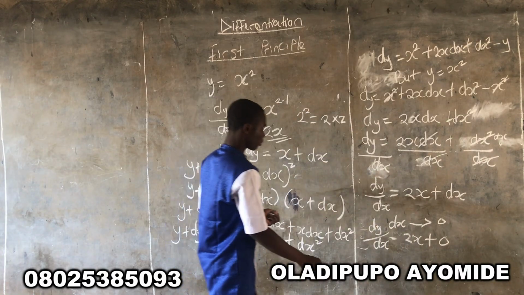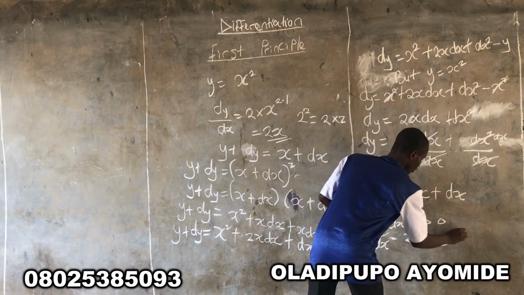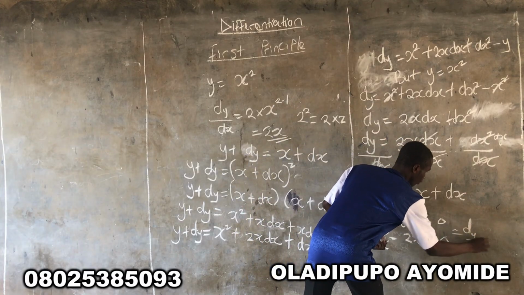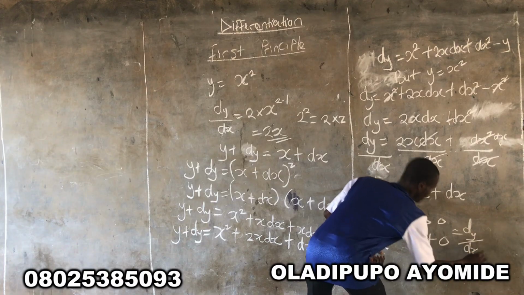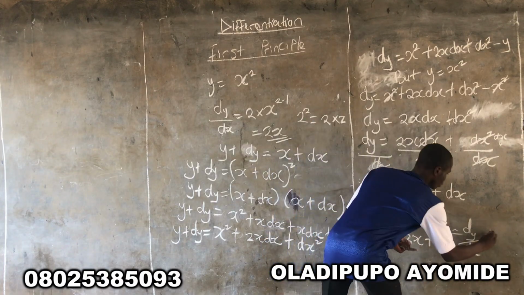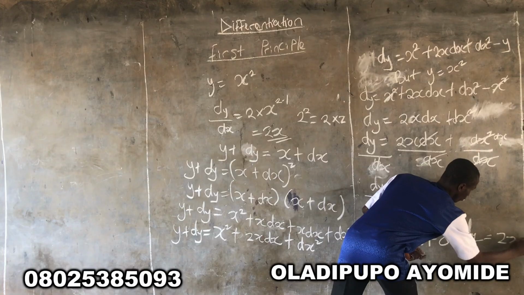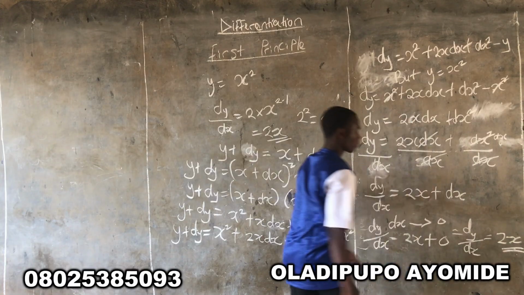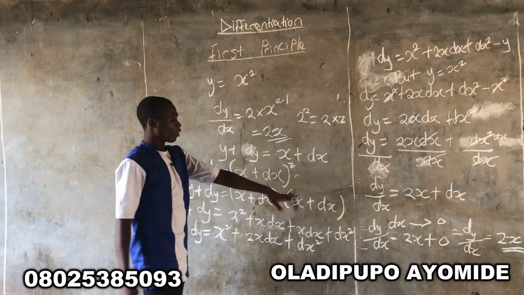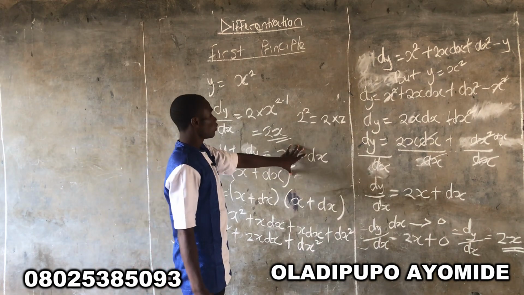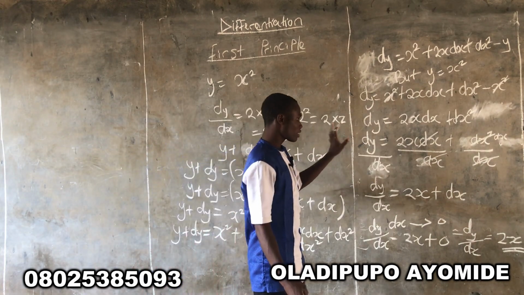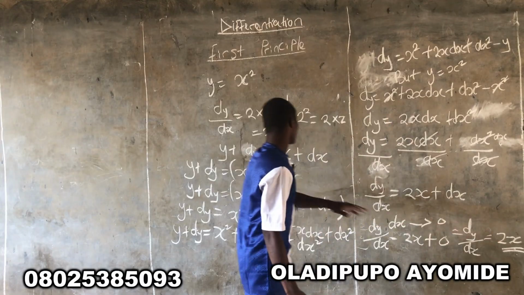Then we can now say our final answer, our dy over dx, is equal to 2x. So using first principle to solve this particular question, we still arrive at the same answer.